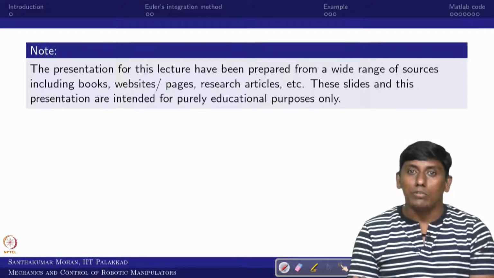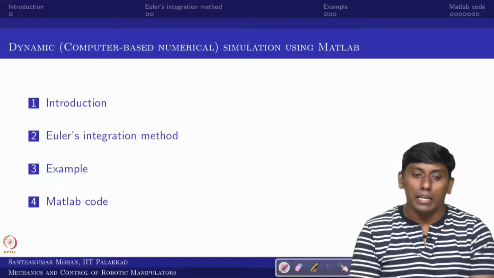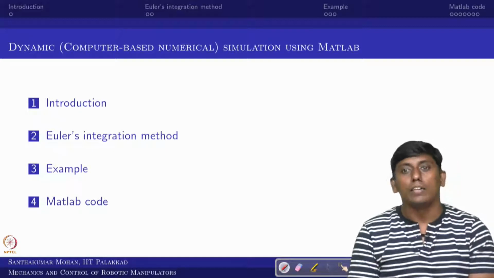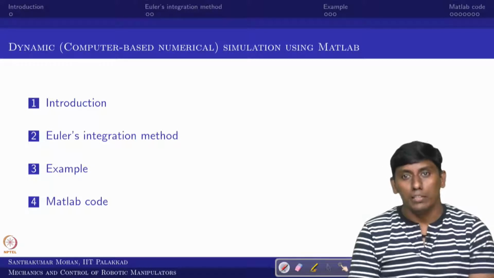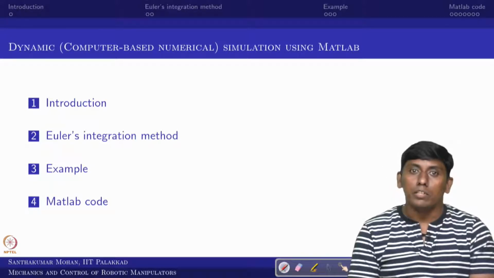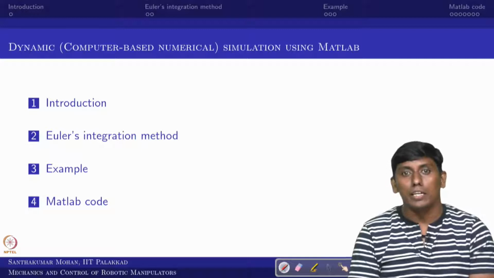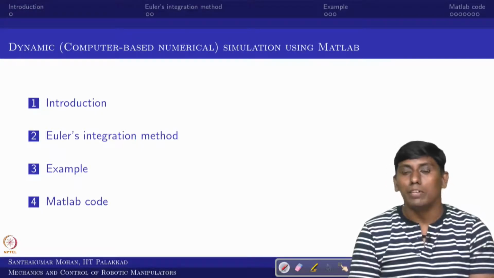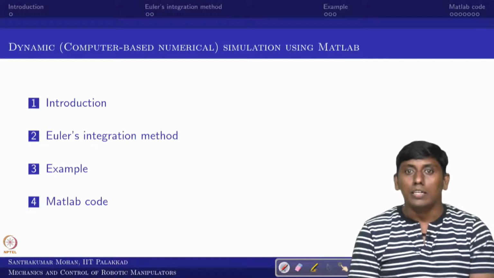We are taking the equation of motion and trying to do the forward dynamics in this lecture. For that we need a numerical integration method. Here we are going to talk about the Euler integration method, which is very simple. It is a first order integration method.